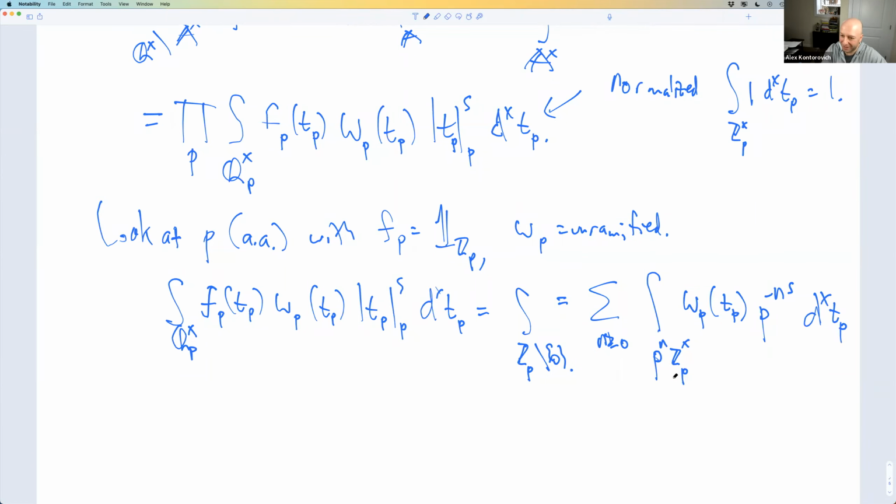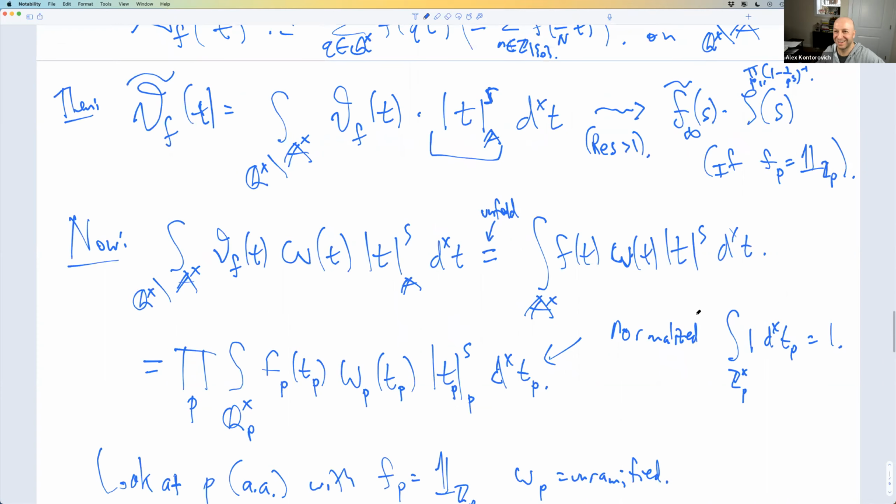Why did we know the norm was exactly that? Well, on each of those sets, this has norm 1, it's a unit, and then there's a p to the n. So it has norm exactly p to the minus n, p-adic norm. What do we know about the character? It's unramified. If it's unramified, it's just omega of p to the n, exactly.